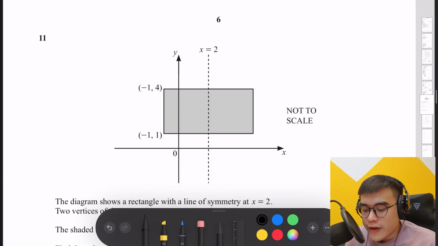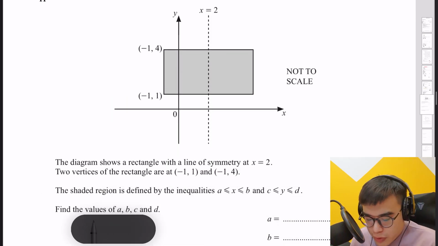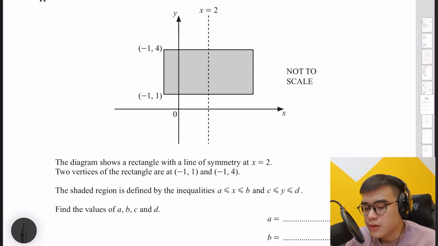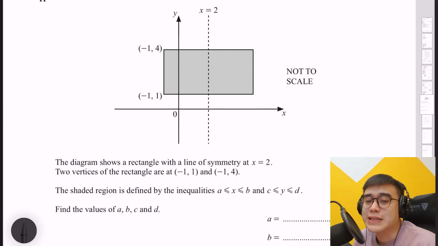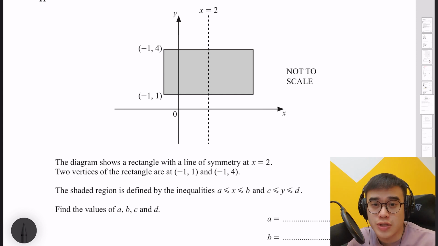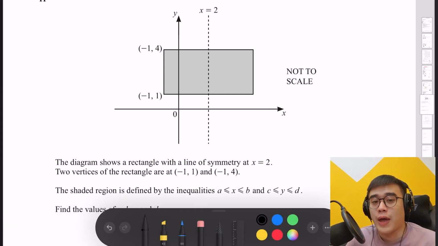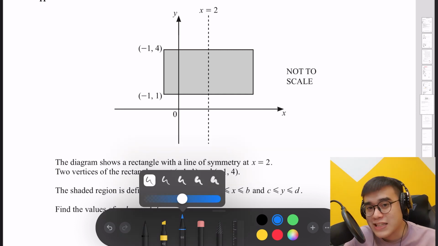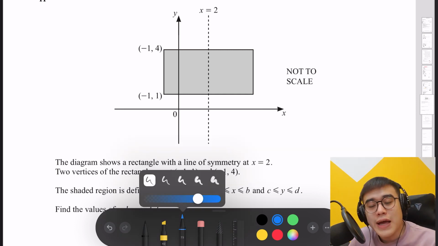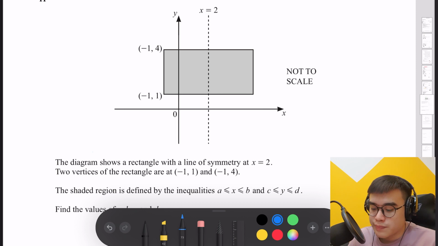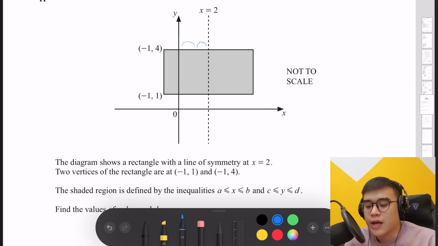Moving on to question 11. This is quite tricky as well, but y equals 2 is the crucial information here, because with that, you should be able to identify the x range. From -1 to 2, you'll notice it is a 3-step difference.